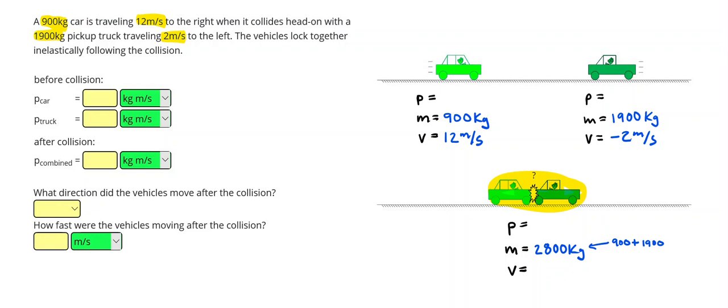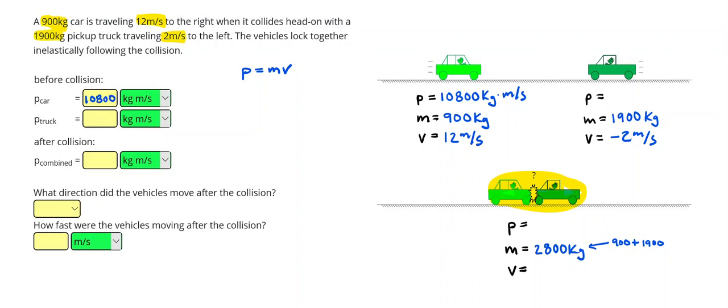So anytime they stick together, that mass represents the combined mass. Alright, so any place where I know two parts of the equation, I can find the third using my definition of momentum, p equals m times v, like we have been throughout this unit. So 900 times 12 gives me 10,800 kilogram meters per second.